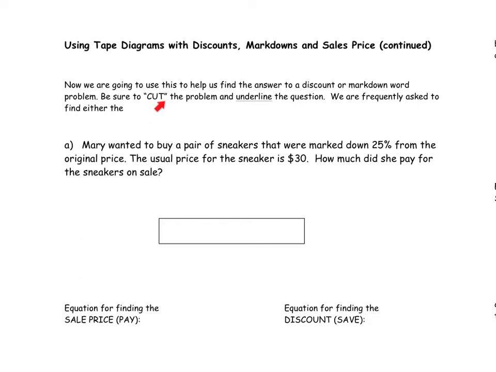In this case, we're using our strategy as a tape diagram. We frequently are asked to find either the amount we pay, which is the sale price, or the amount we save, which is the discount.